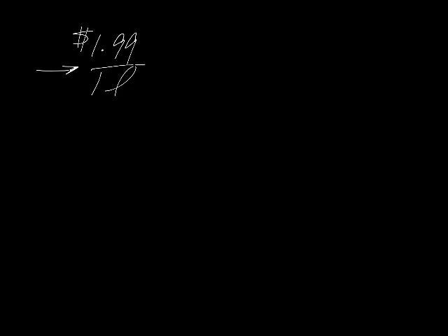This line right here also represents per when you're talking about unit pricing. So when you're doing unit pricing, this bottom must always be a 1 because it's 1 unit.